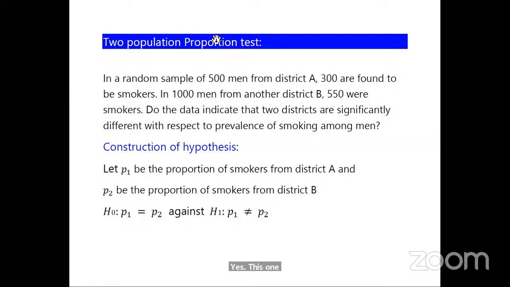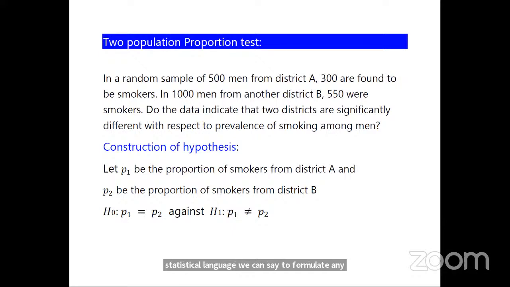Percentage of the smokers in both the city are equal. Very good, Sandhya. You have given right answer. I will make it in more scientific language that there is no significant difference in the proportion of smokers in district A and district B. This is a statistical language we can use to formulate any hypothesis.